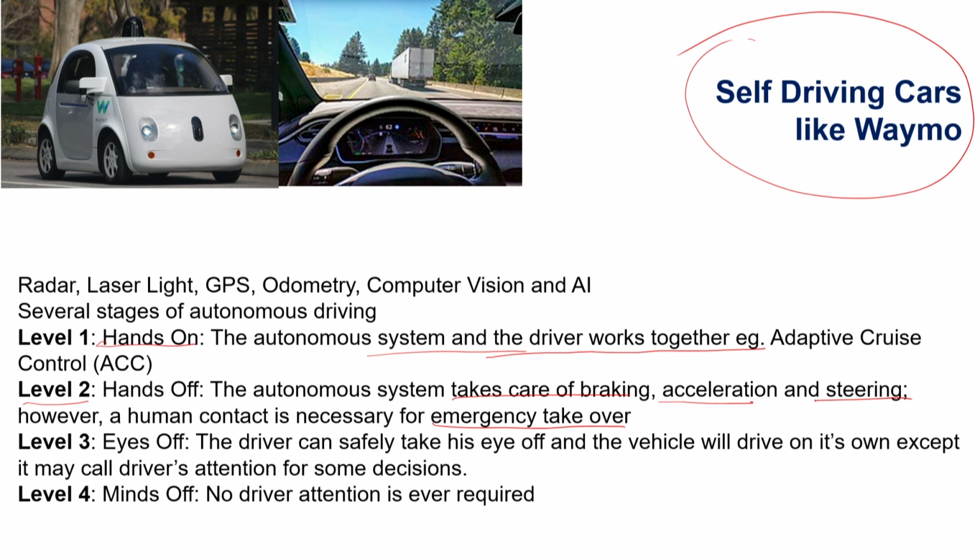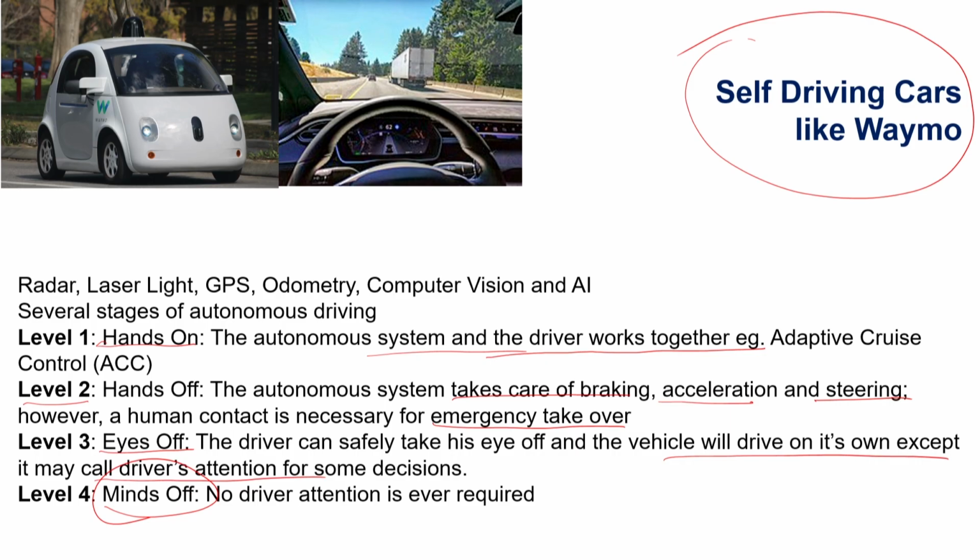Level 3 is even more autonomous. It is called eyes off. That means the driver can safely take his eyes off and the vehicle will drive on its own, except at certain points if it has a doubt, it may call the driver's attention for some decisions. Finally, level 4, which we have not reached yet, is what is called minds off. No driving attention is at all required in the system.